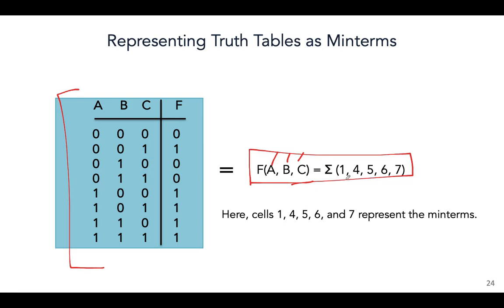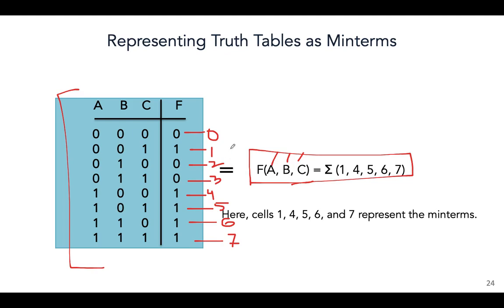These are essentially those entries of this table which have an output of 1, which is 1, 4, 5, 6, 7. If we start with the numbering, this will be 0, this will be 1, this will be 2, this is the third one, this is the fourth one, this is 5. We're just simply counting the rows.